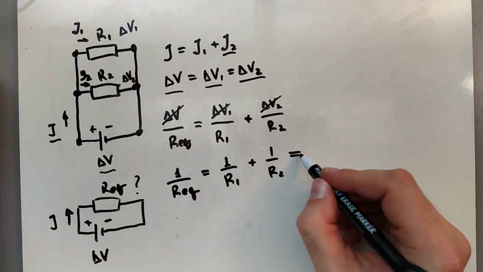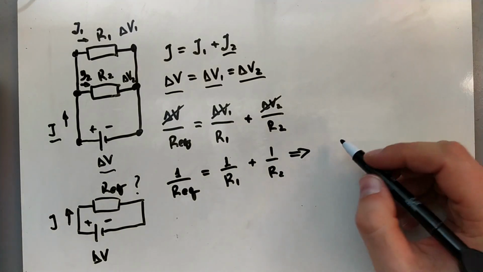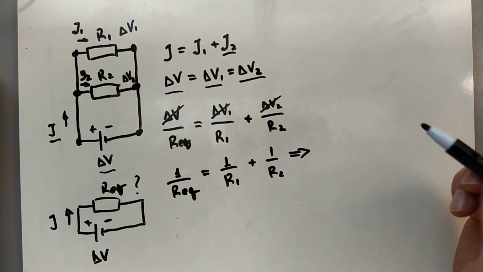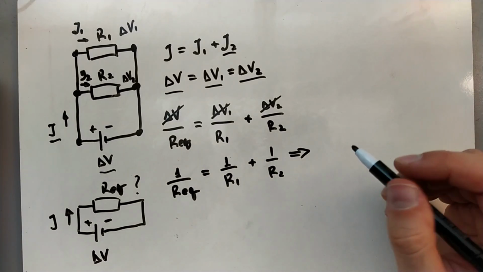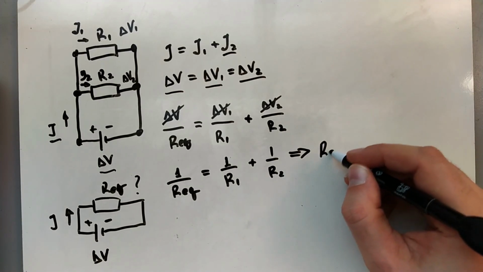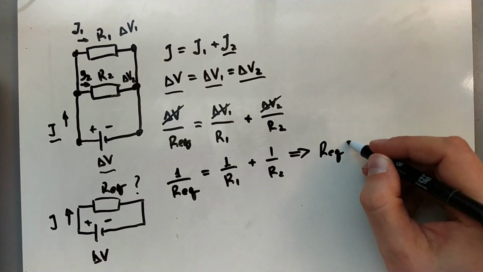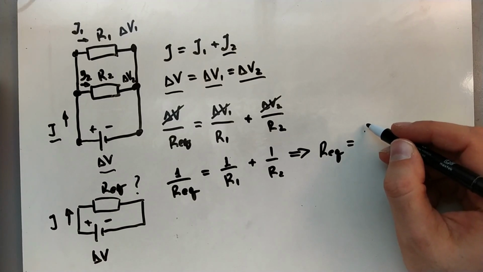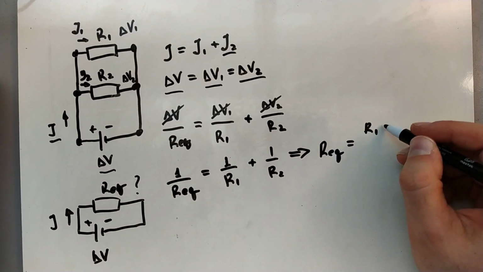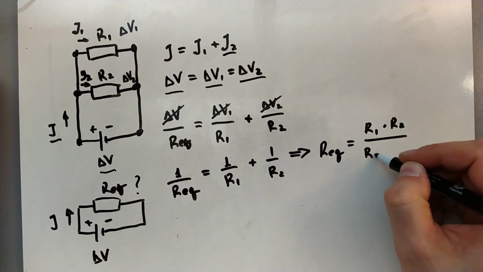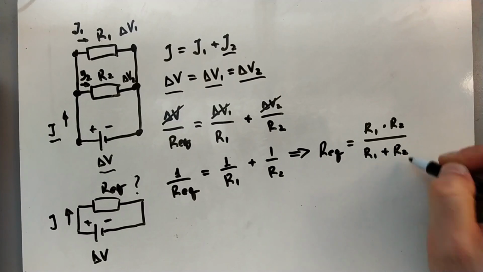Or we can express from here the final equation, how we determine equivalent resistance. That will be R1 times R2 divided by R1 plus R2.